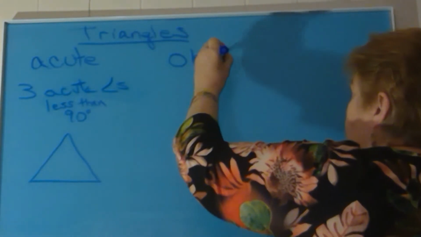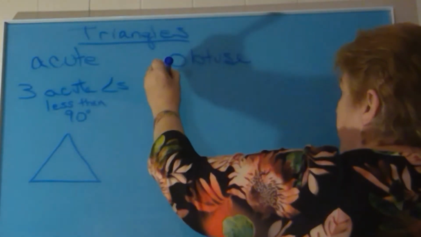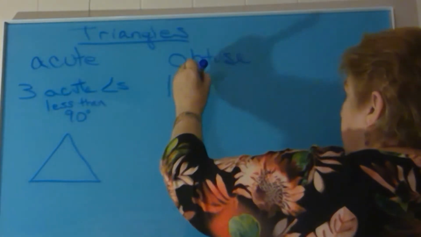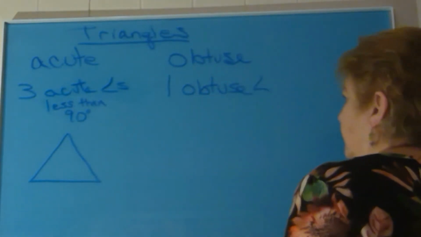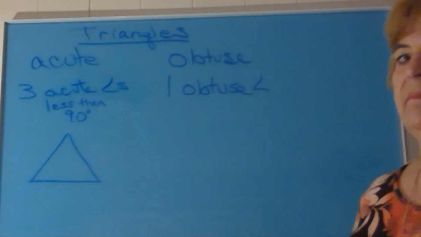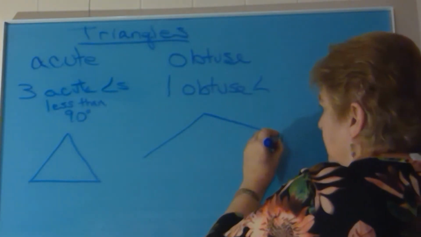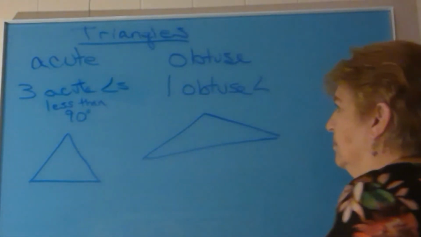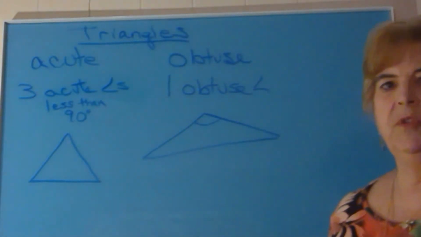An obtuse triangle is a triangle that has one obtuse angle. So that would be an obtuse triangle.